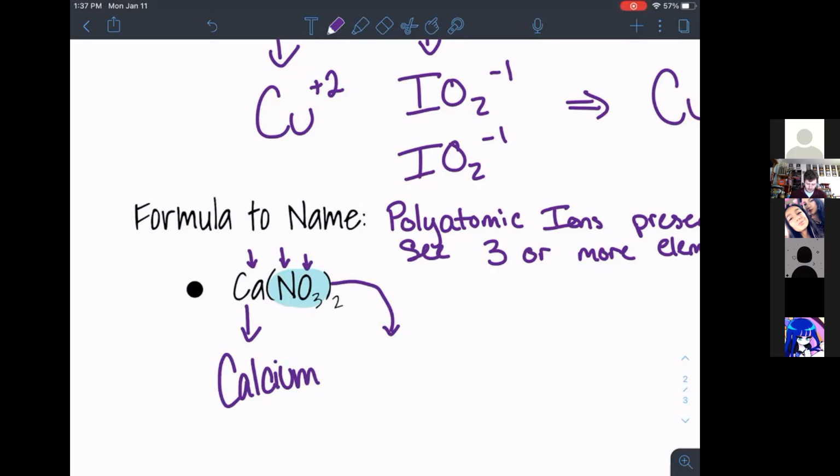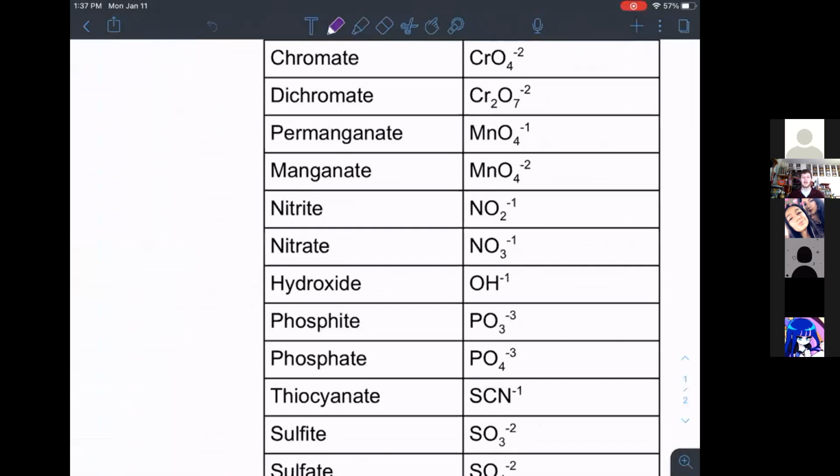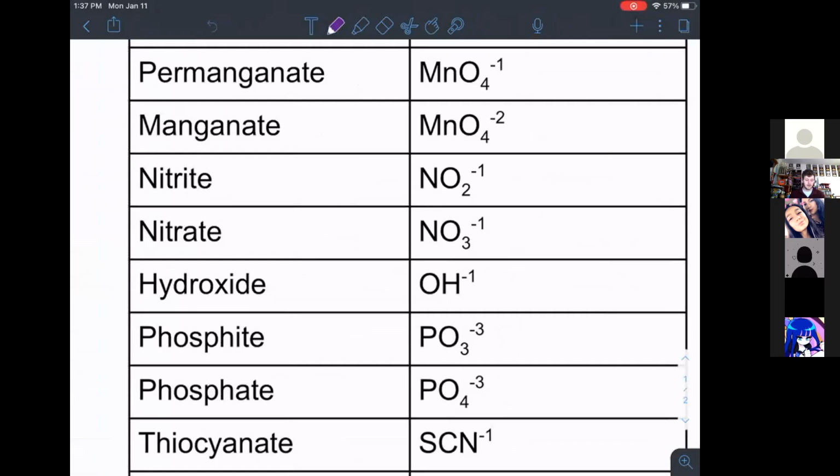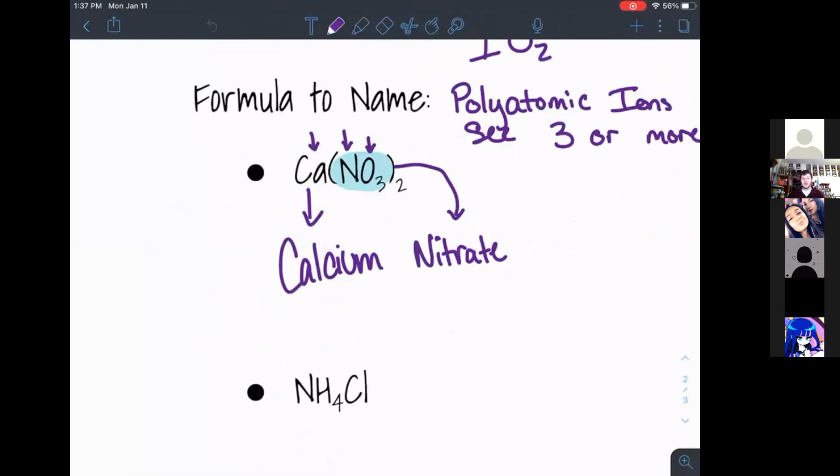Nitrite. You said nitrite or nitrate? Oh wait, nitrate. Nitrate is the correct one. NO3 is nitrate, and NO2 is going to be nitrite. Which means we're done. This is our answer. Not too bad, right?